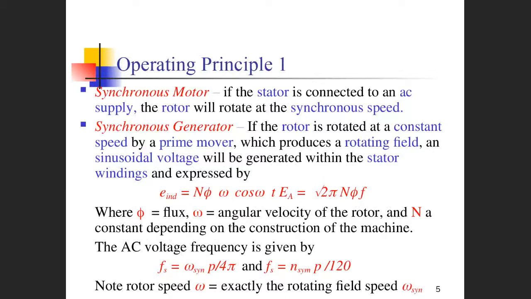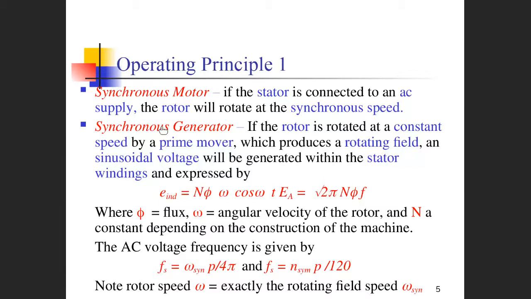Now we touch the principles. Actually, we already learned about the principles when we were talking about transformers. Here we try to clarify the concept of synchronous in the transformer.